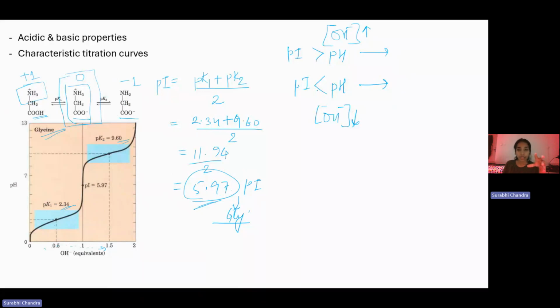If the pH is less than 5.97, the pH value is below the pI, so it is existing predominantly as a positively charged amino acid.